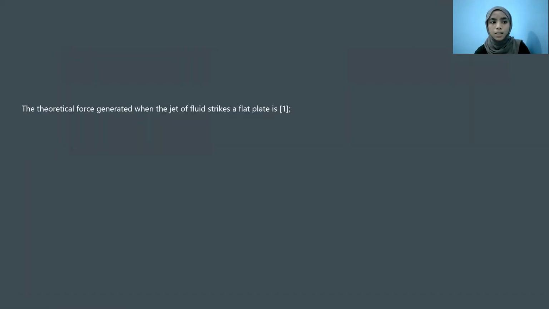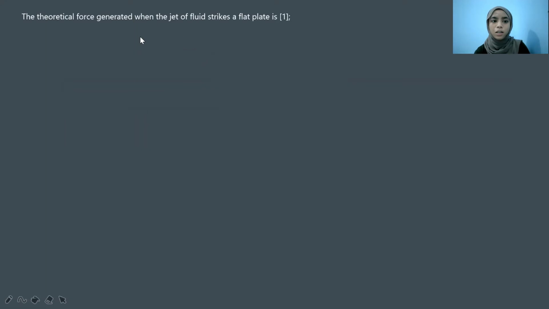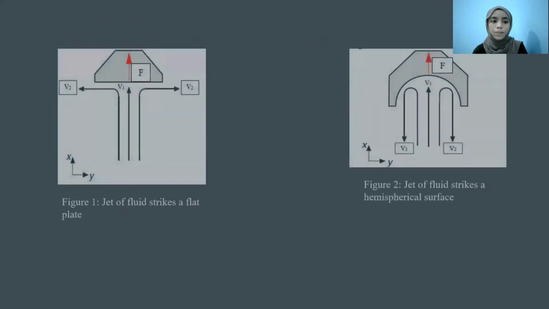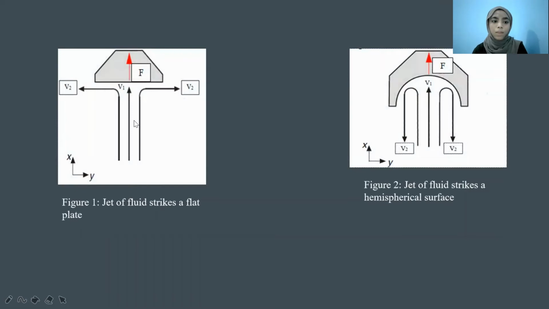Okay, next. The theoretical force generated when the jet of fluid strikes a flat plate is F = ρAV1² − ρAV2² cos θ. From Figure 1, we can see that V1 is vertically upward while V2 is to the left and to the right, so V2 makes an angle of 90 degrees with V1.